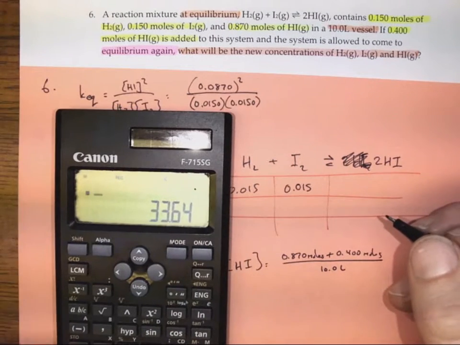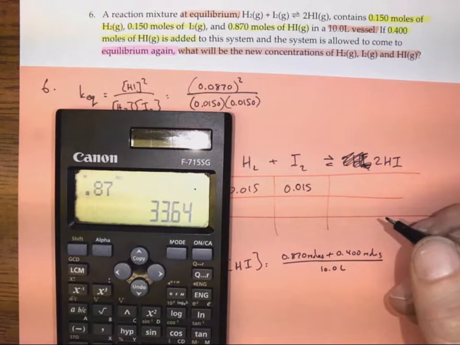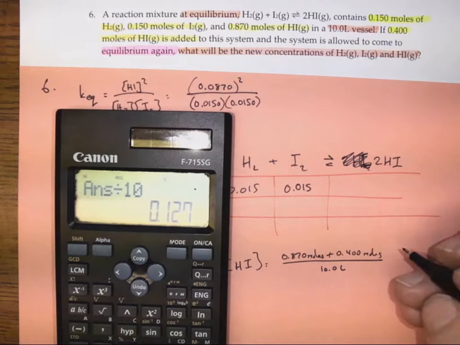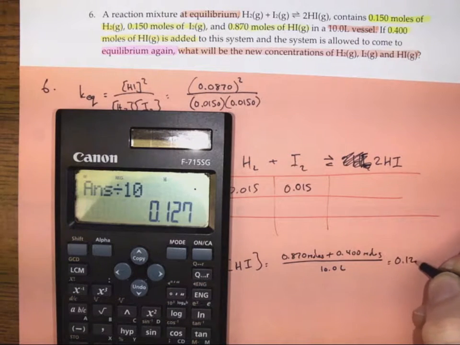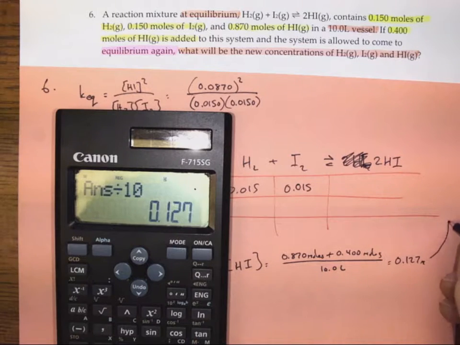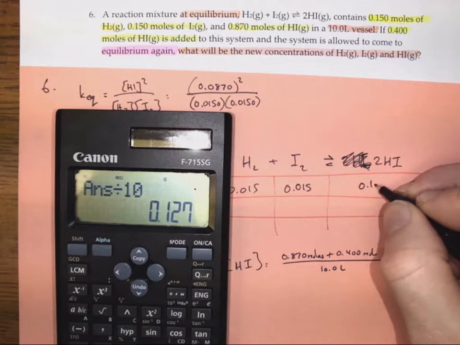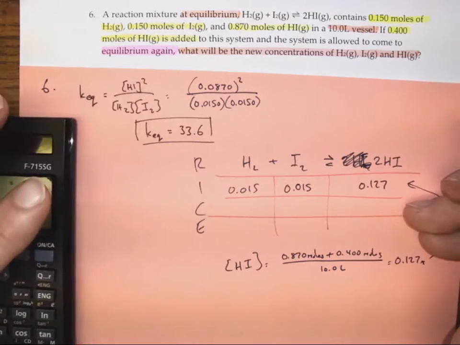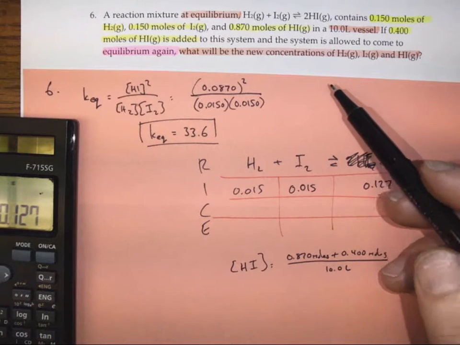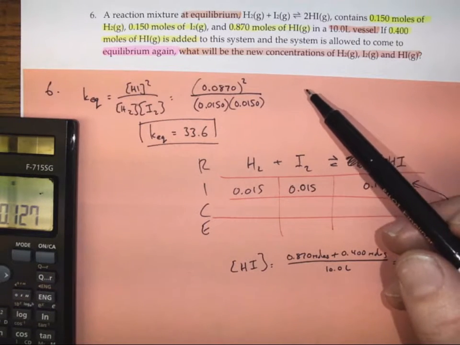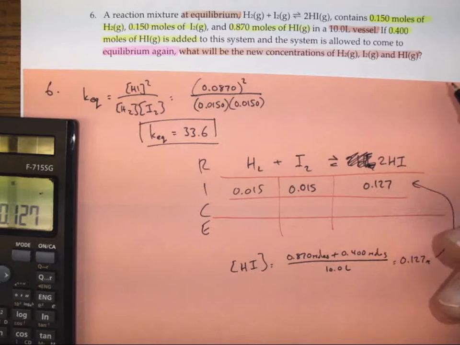So 0.87 plus 0.4 divided by 10 equals 0.127 molar.